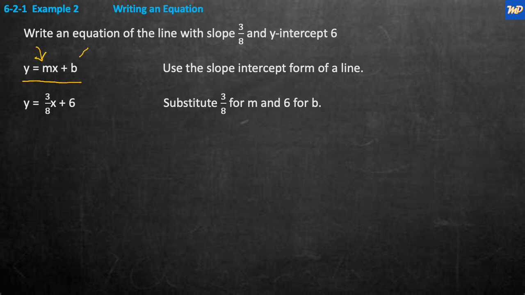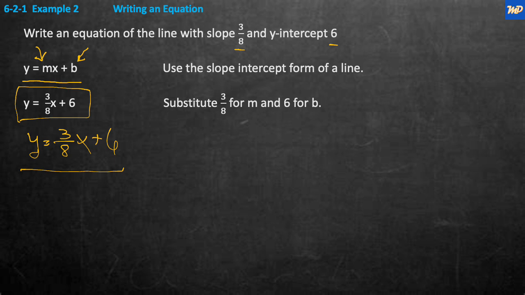B is the y-intercept. Well, they're telling you the slope is 3/8 and the y-intercept is 6. So let's write it. Y equals the slope times x, plus this y-intercept, plus 6. There it is. You just substitute.